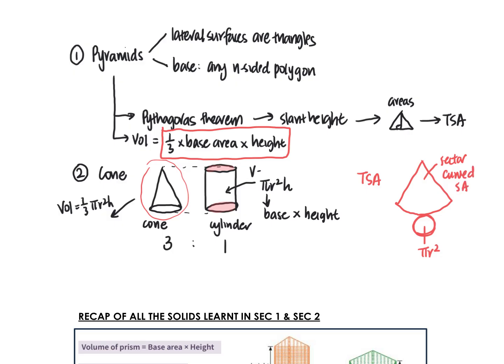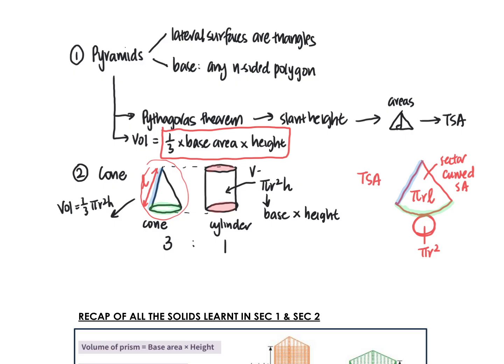The formula to find it is pi r l. So this l is the slant height here. If I unroll this, this is my circumference, and then this is my slant height. This will help me find the area of that piece.